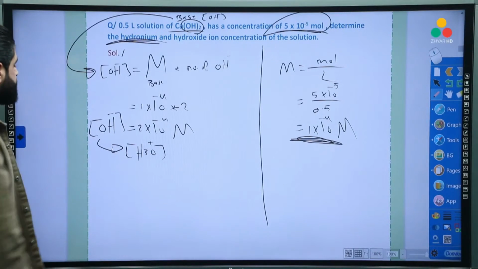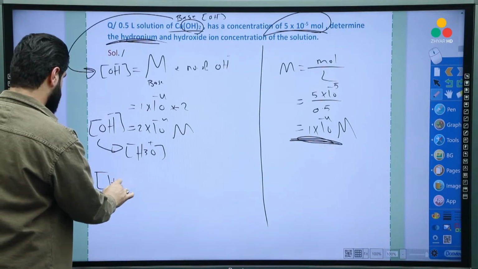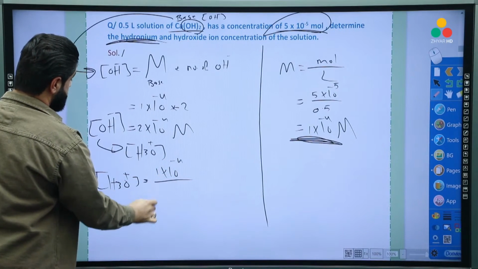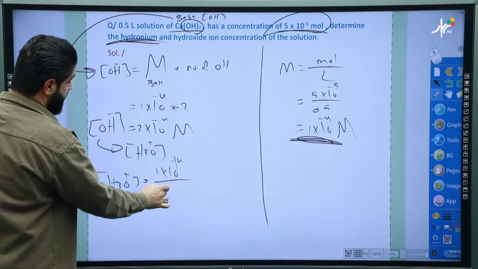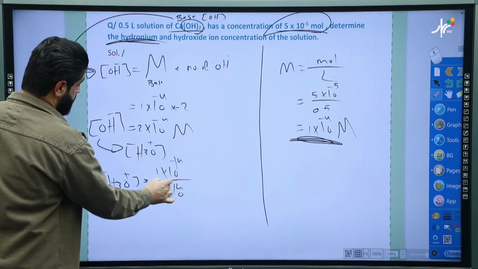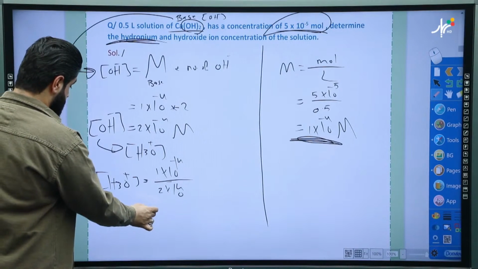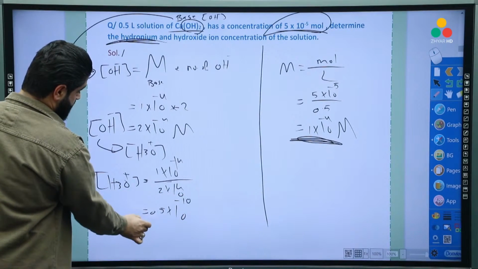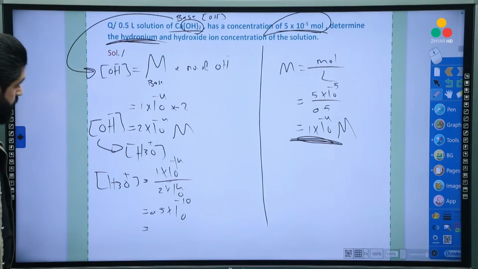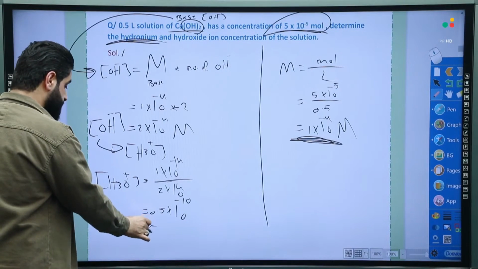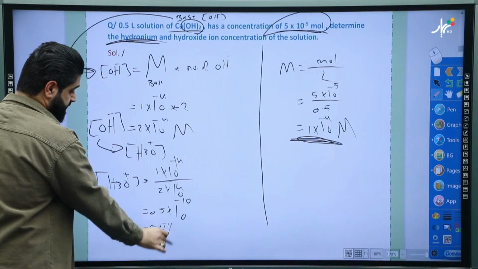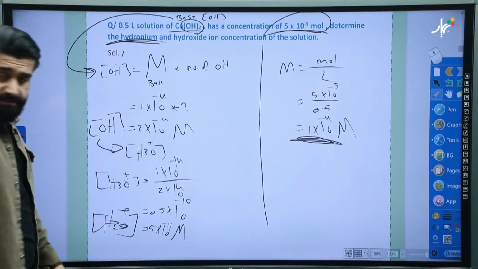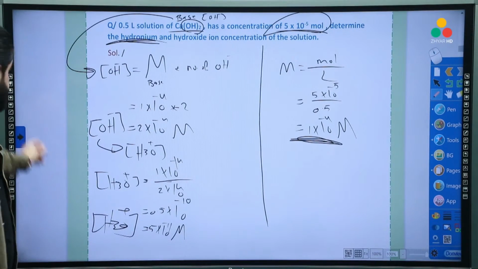H3O equals 1 times 10 to negative 14 divided by 2 times 10 to negative 4, which is 0.5 times 10 to negative 10, equals 5 times 10 to negative 11 molar. It's H3O. You see how easy it is? Piece of cake.